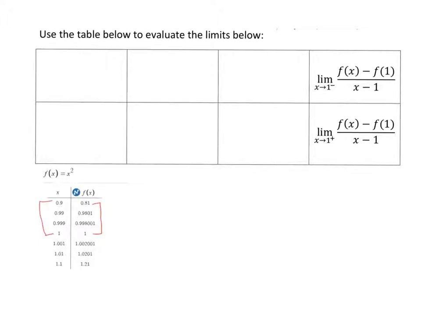That would be f of 0.9 minus f of 1 divided by 0.9 minus 1. f of 0.9 is 0.81 according to the table, f of 1 is 1, divided by 0.9 minus 1. And if you do that, you should end up getting the value 1.9.